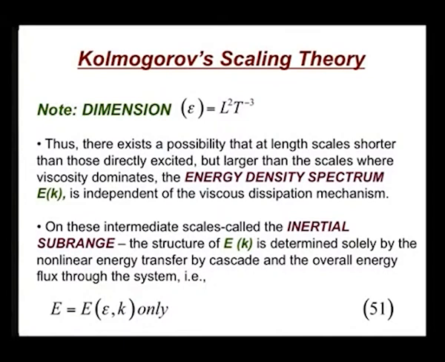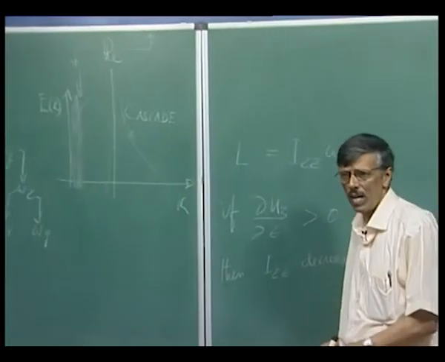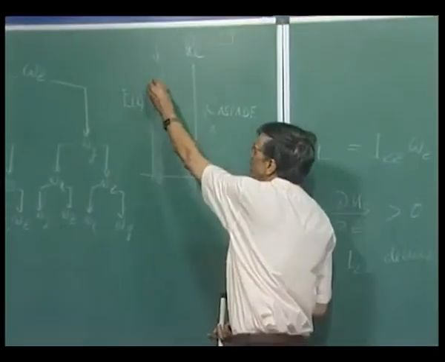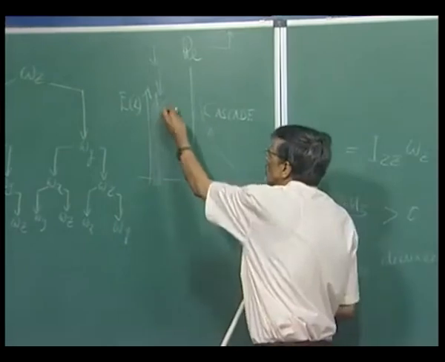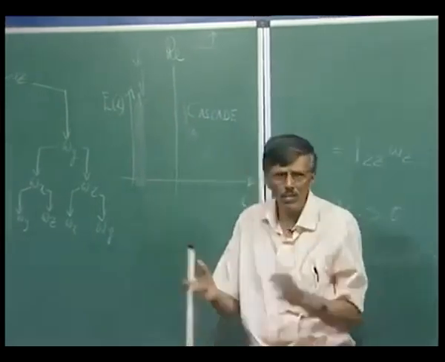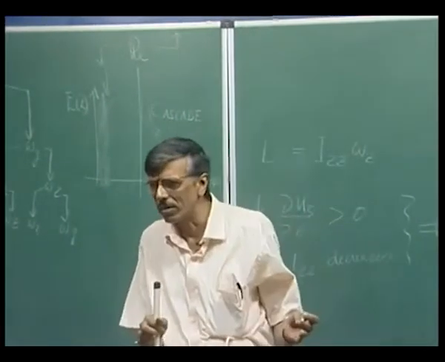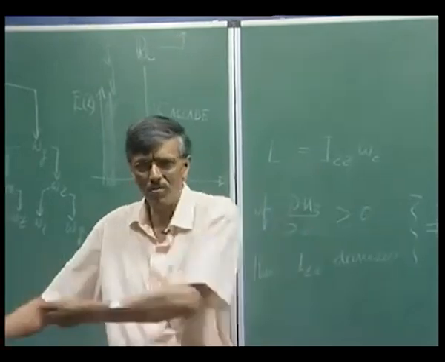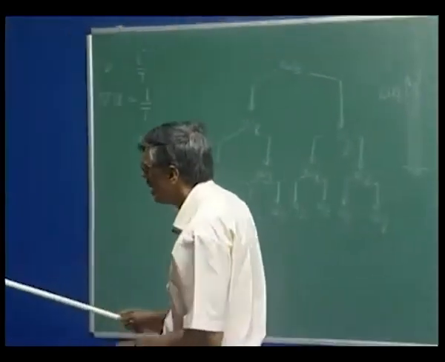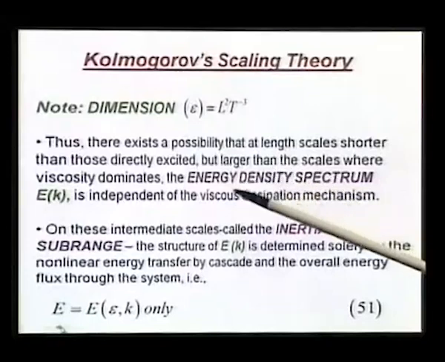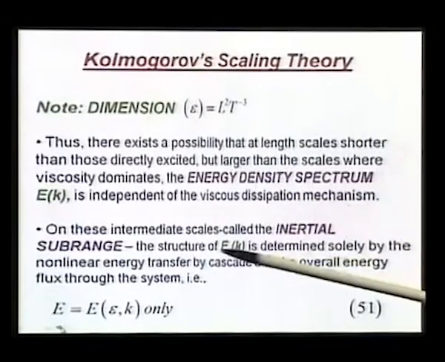Now, if I have reached a steady state, I am pumping in energy here, I am taking out energy there. So, what happens to some range in the middle? It does not matter what you are putting in on the left and what you are taking out on the right. That is precisely what we are saying, that we can have some such range where the energy density spectrum E k is independent of what you are putting in and what you are taking out, right.